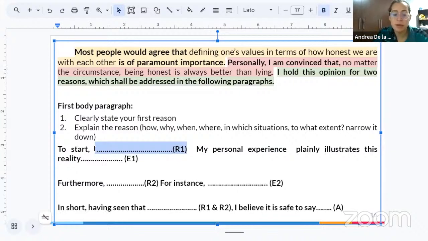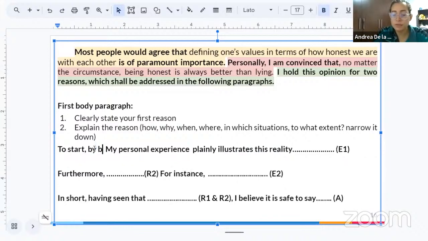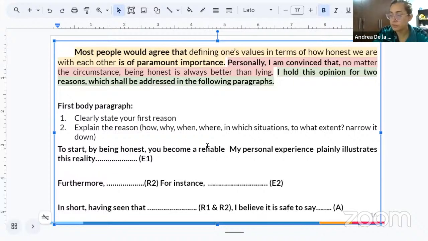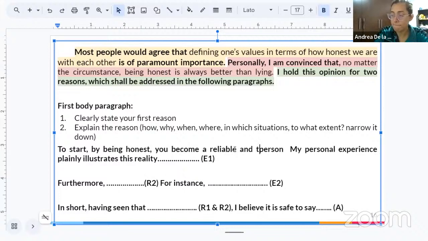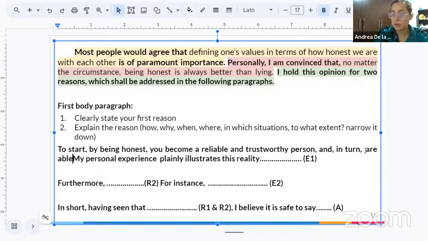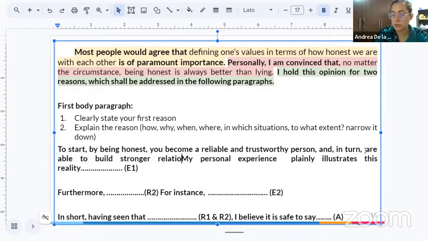So for example, if in the first sentence we're going to talk about relationships, we will say, to start, by being honest, you become a reliable, trustworthy person, which in turn are able to build stronger relationships.